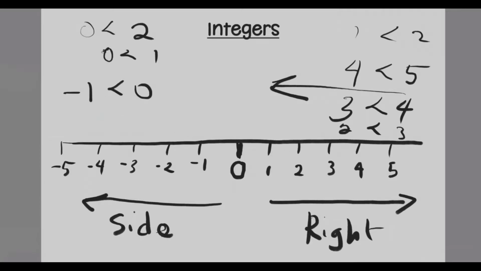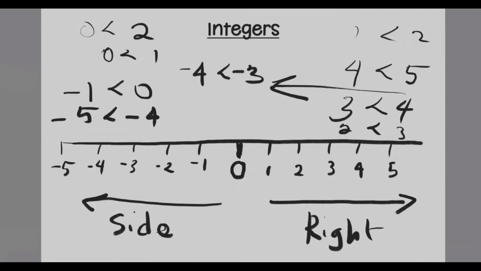As you move further left, the number becomes even smaller, which means that -5 is less than -4, and -4 is less than -3. Do not confuse this. As you move to the left, the numbers become smaller.